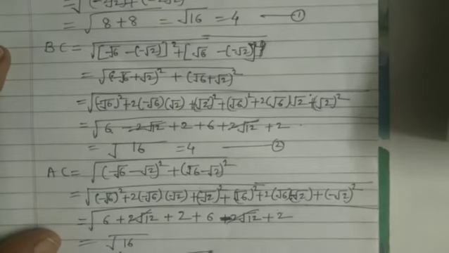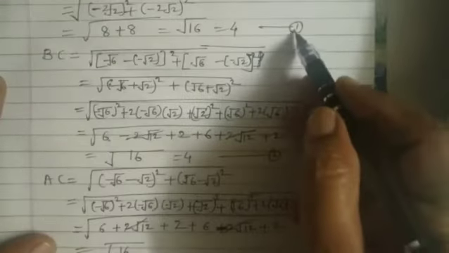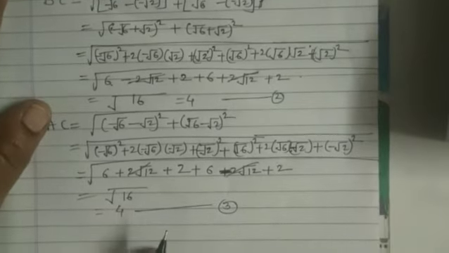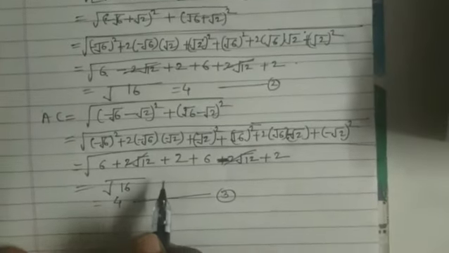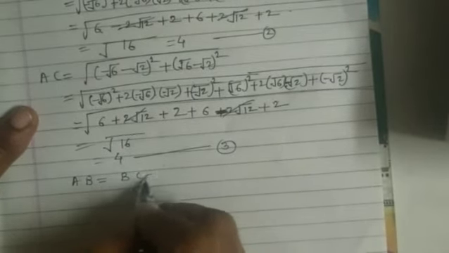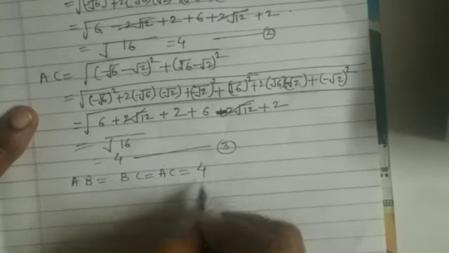Here we get 4, and from 1, 2 and 3 all sides are equal, which means AB is equal to BC is equal to AC is equal to 4.